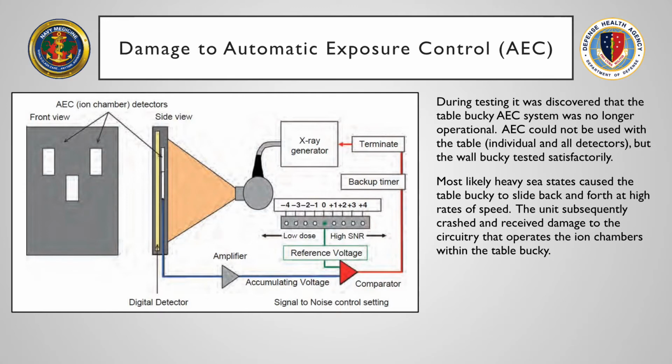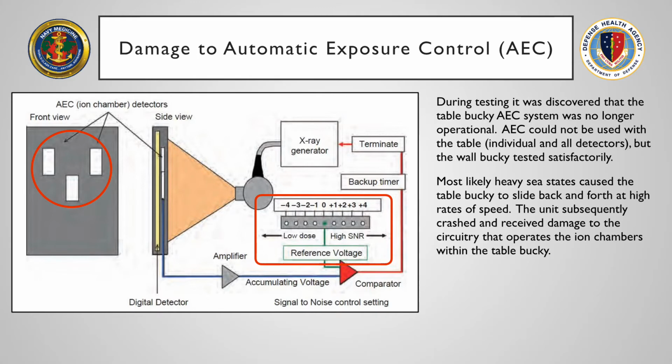Now, what does the automatic exposure control system do? Well, it has some photo timers that are built into the bucky that holds the image receptor, and it records a signal to noise setting. It captures the signal to noise ratio, and then compares it to a reference voltage. The reference voltage is determined by the thickness of the patient that you can select on the control console.